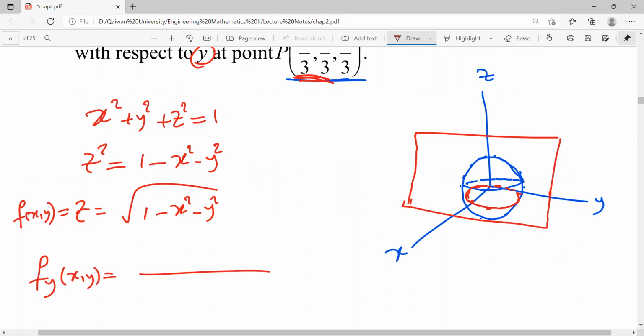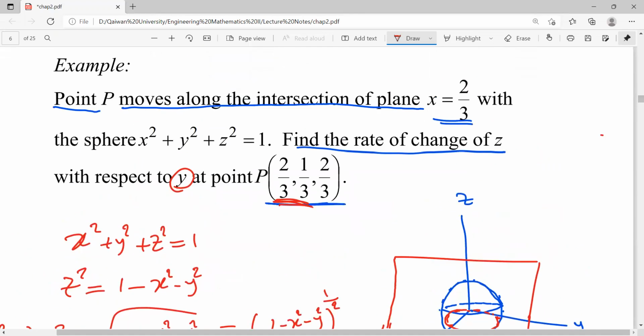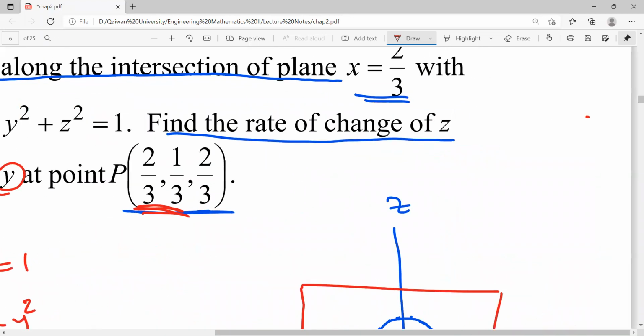Okay, here we are going to find f sub y of xy. We are going to take the derivative of this function. First, let's convert this to an exponent. We get 1 minus x squared minus y squared to the power of 1/2. I'm going to write down the general form of the derivative here.